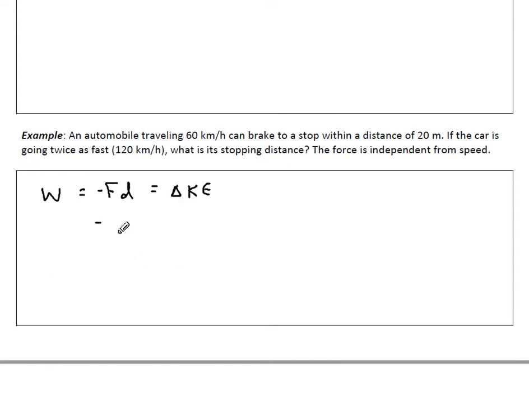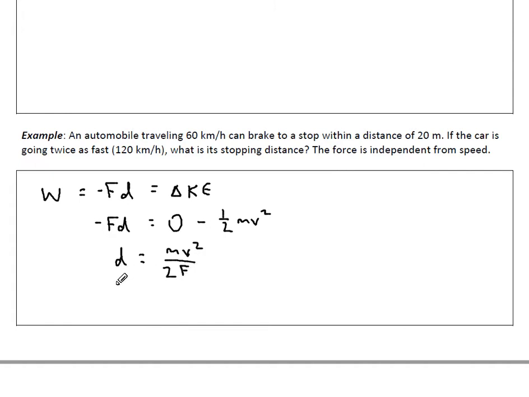So we get negative force times distance. If we reach 0 meters per second, our final is 0, and our initial is 1/2 mv squared. When we relate these together, we get d is equal to mv squared over 2 divided by our force.